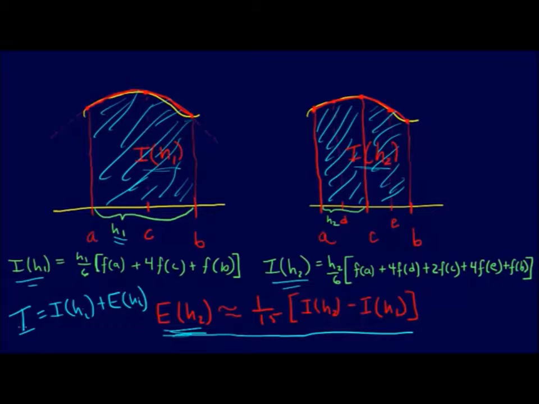So the integral is equal to the estimate plus the error, and so we're estimating the error here as 1/15 (I_h2 minus I_h1), and so this is the error estimate for doing the Simpson 1/3 rule and then a multiple application Simpson 1/3 rule with half the step size.